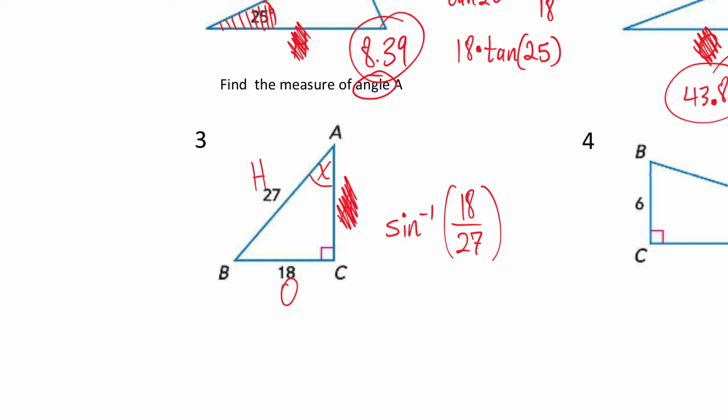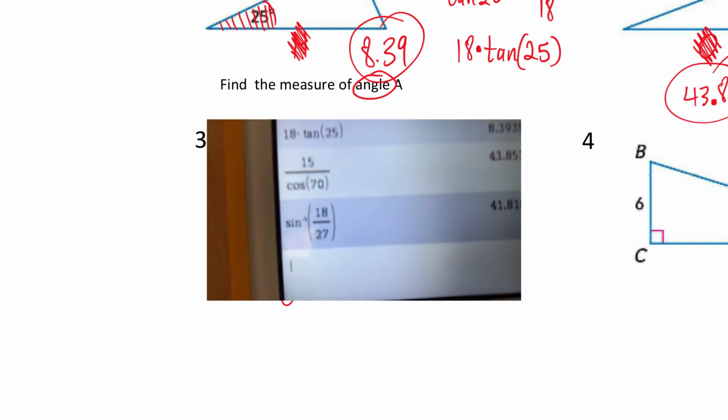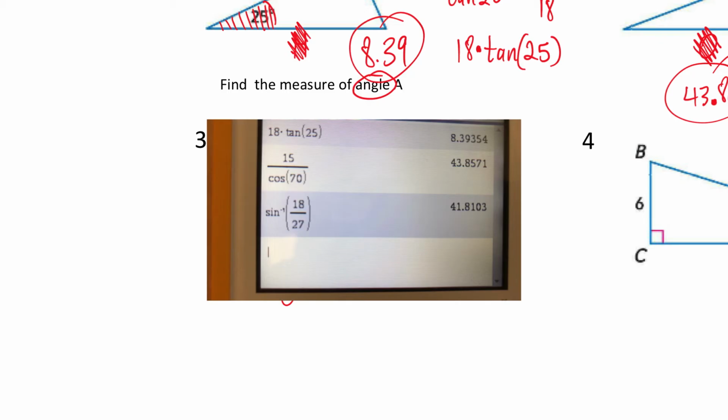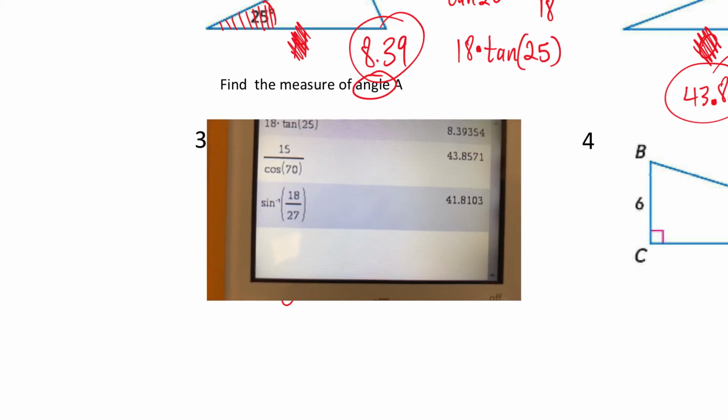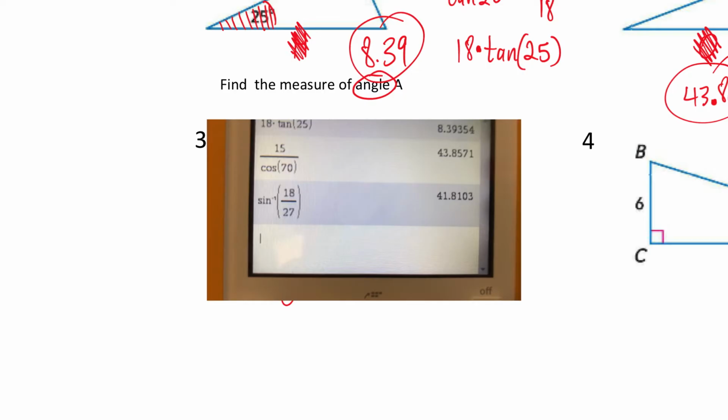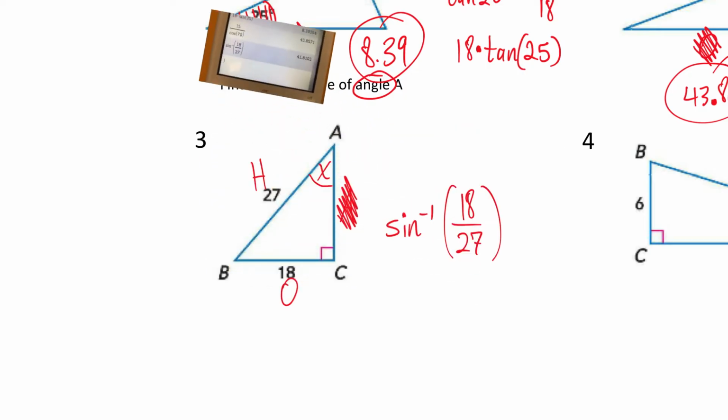So sine inverse of 18 over 27. And you can see 41.81, we'll say. Okay, degrees.